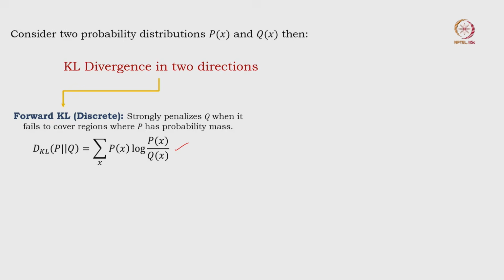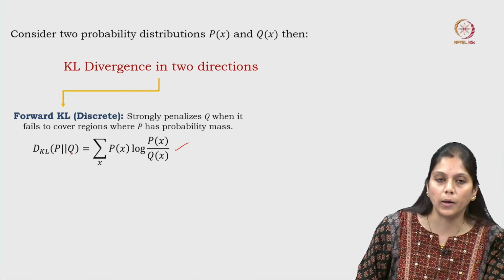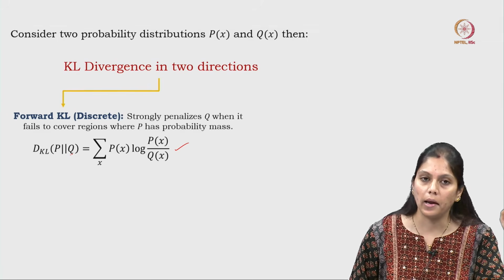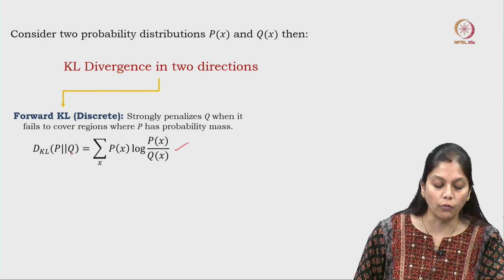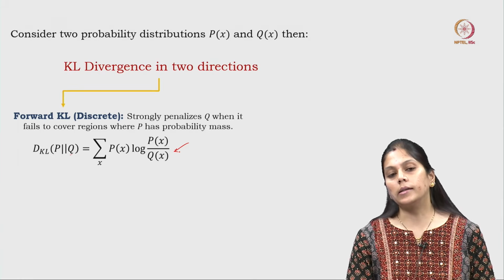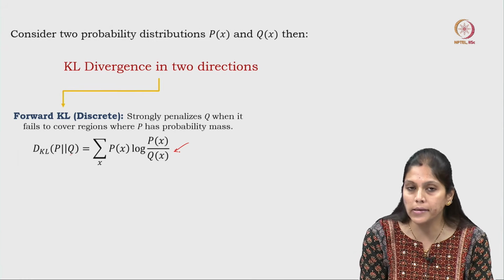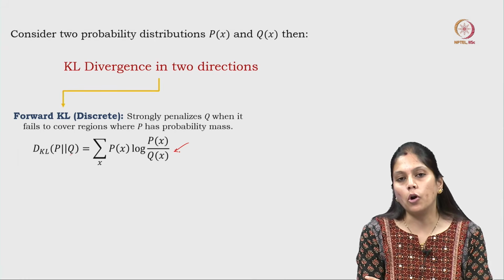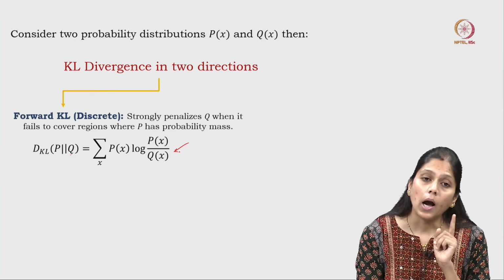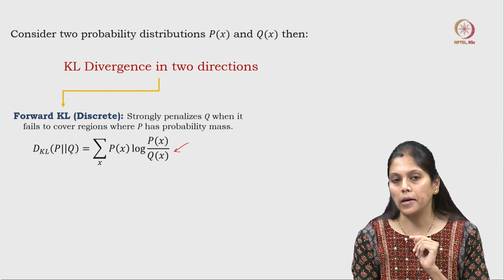When we are measuring, we need two probability distributions, P and Q. What we are discussing here is the forward KL. The formula used for forward KL is this. It is summation of P of x into log of P of x divided by Q of x. Don't worry, we will see how we got this derivation in our next session.